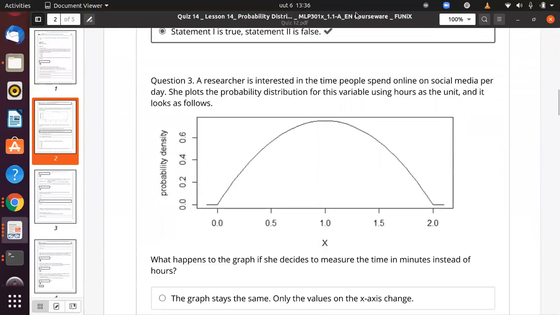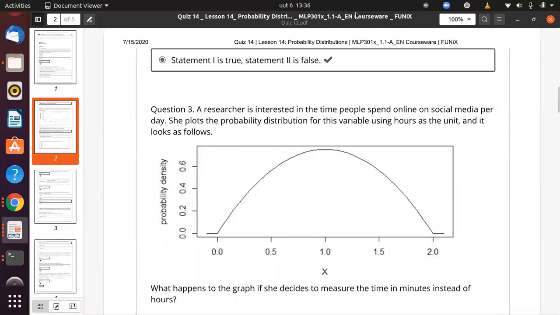Question number 3. A researcher is interested in the time people spend online on social media per day. She plots the probability distribution for this variable.